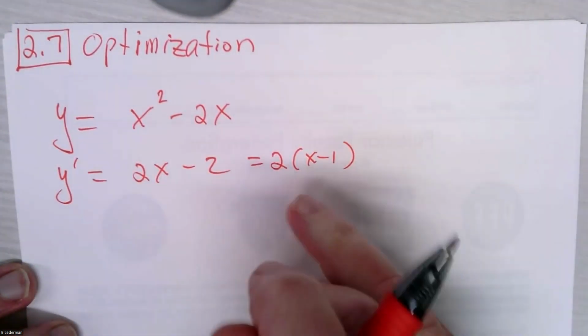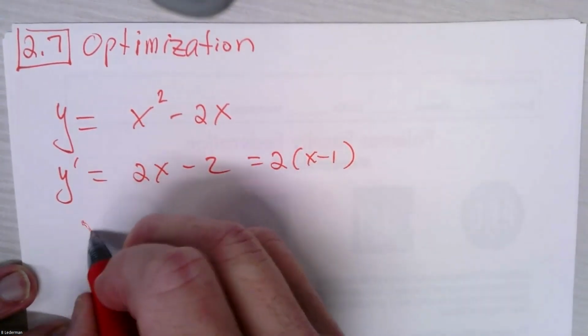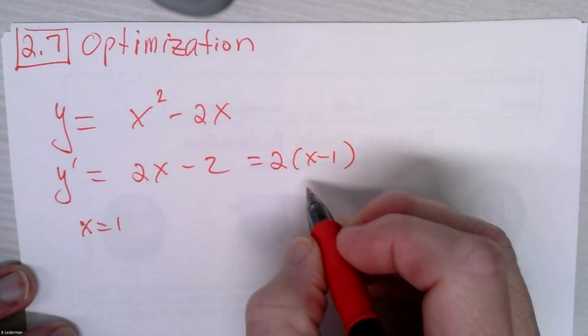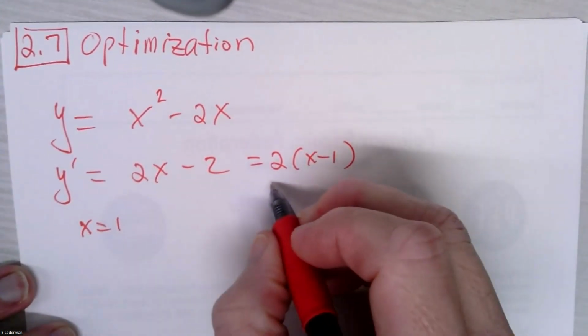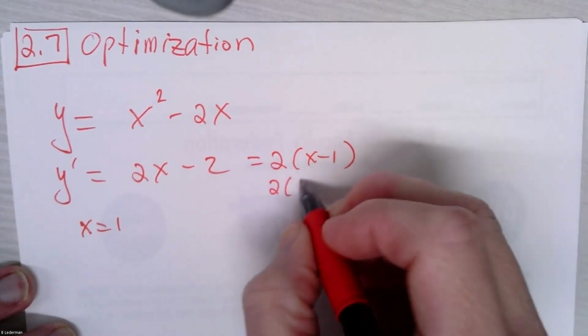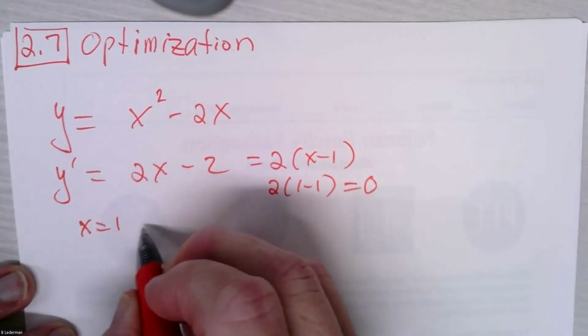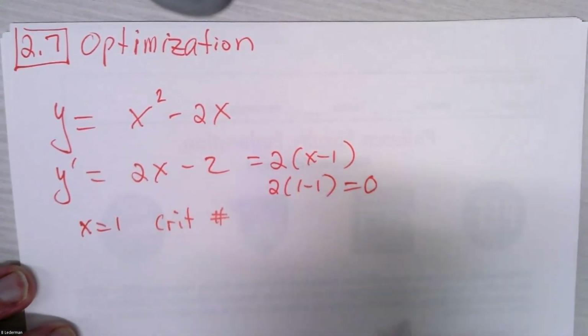Now, we see from this that if x equals 1, then y prime is going to equal 0, because y prime is going to be 2 times 1 minus 1, which is 0. So x equals 1 is a critical number.